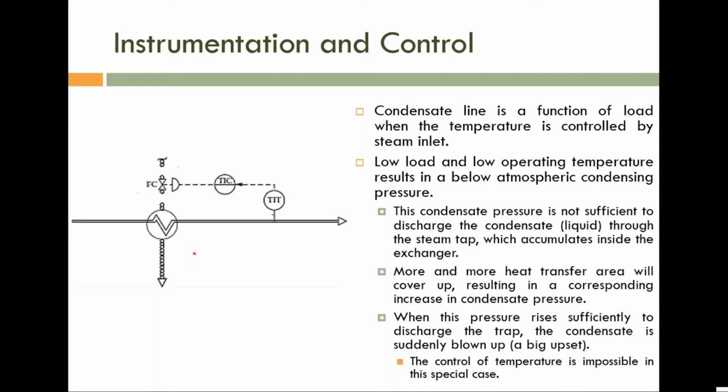Blown up problem means, say we have small load and small operating temperature. If you are passing steam through this heat exchanger under this low load condition, this steam is converted to condensate.